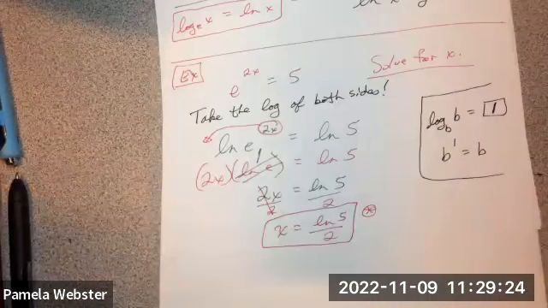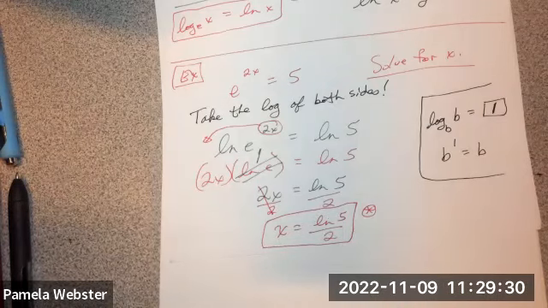But you can punch that ln button. It's right next to or above or below the log button. You can punch it and get a decimal here, but I feel like you're going to have more space for making mistakes. So just keep the ln of 5, divide by 2, and that's your answer. That's the exact answer rather than a decimal approximation.